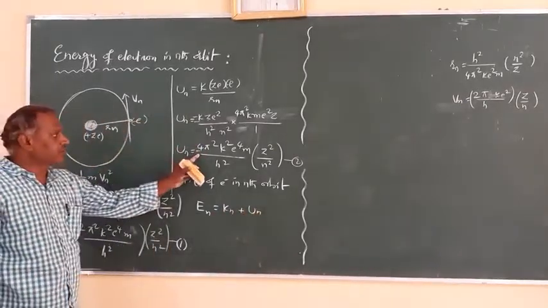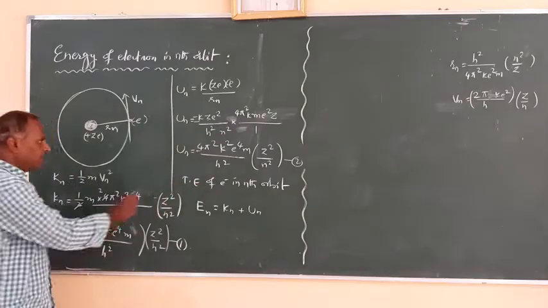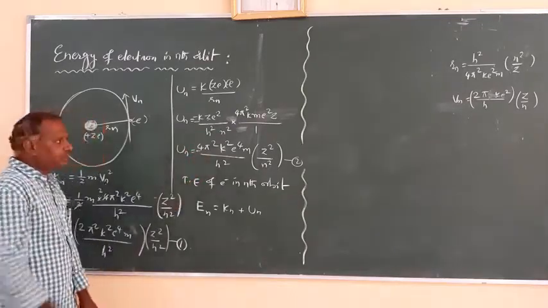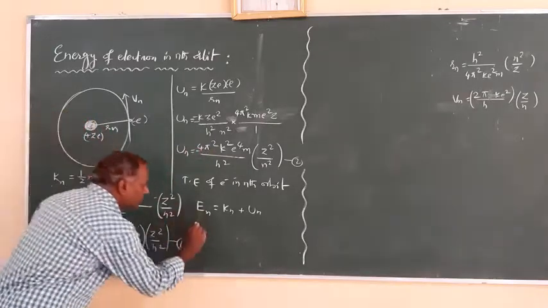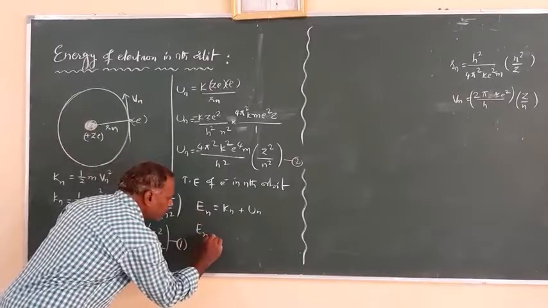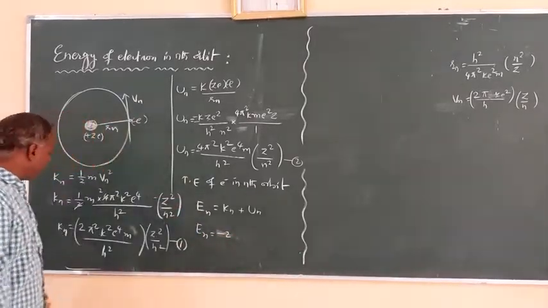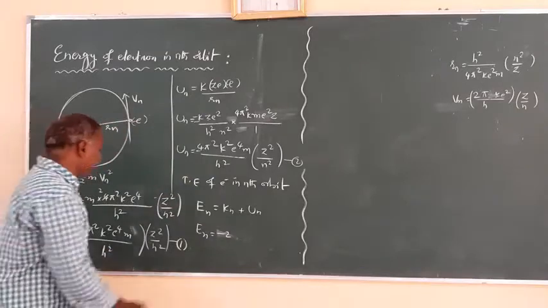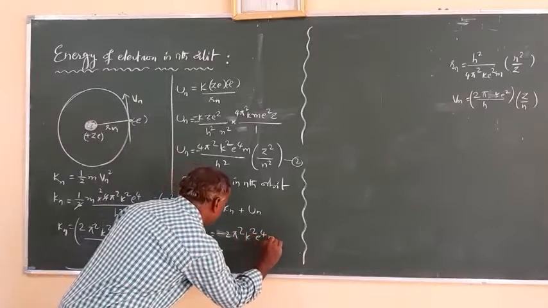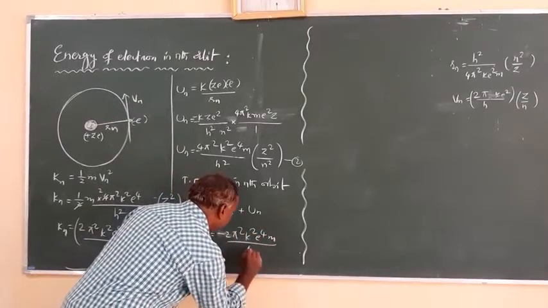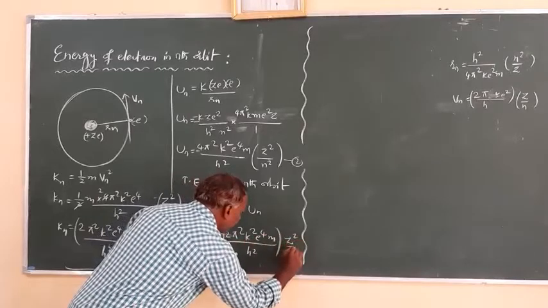But here Un has a minus sign, and here there is a 2, so 2 minus 4, the remaining all are constants. So take common, minus 2 will come. So En is equal to minus 2 pi square K square e power 4 m upon h square into Z square by n square.